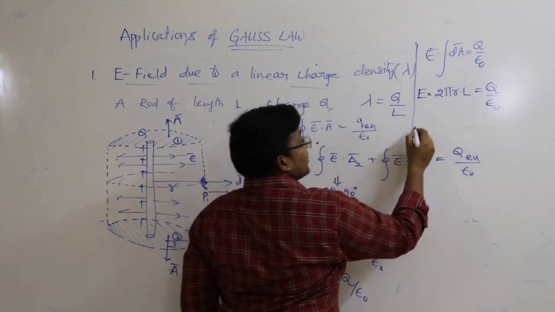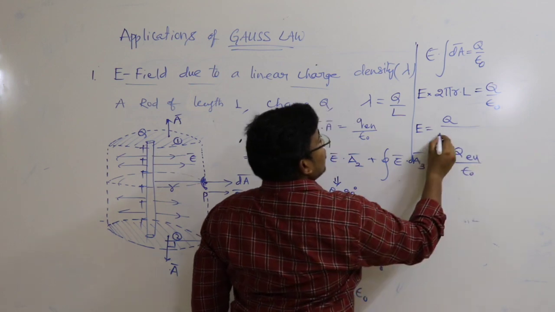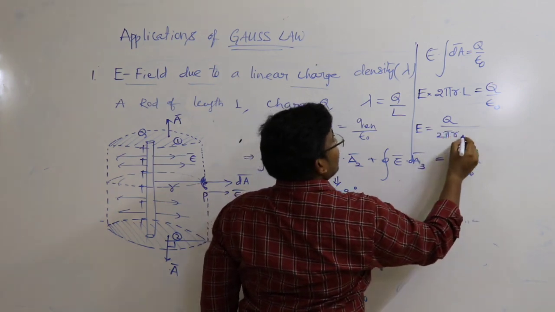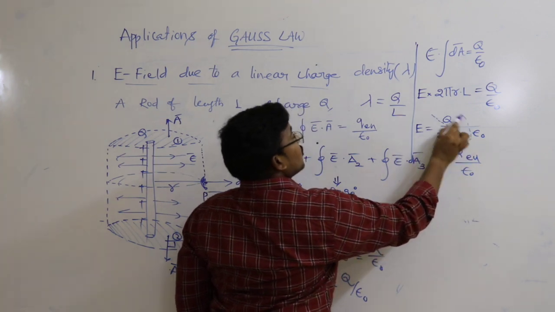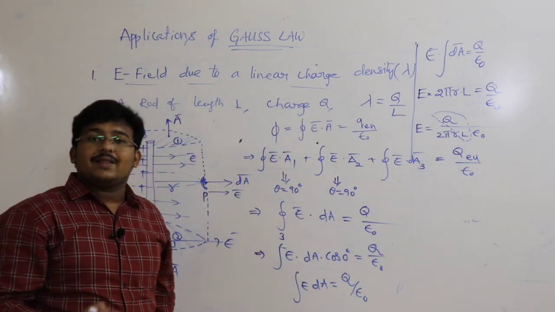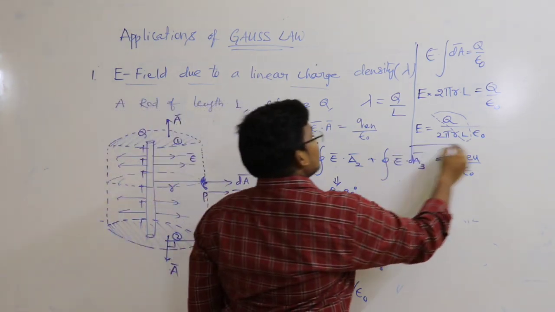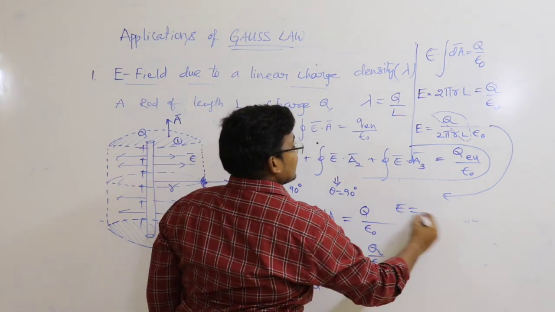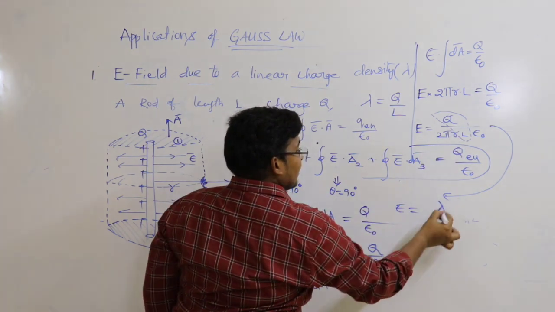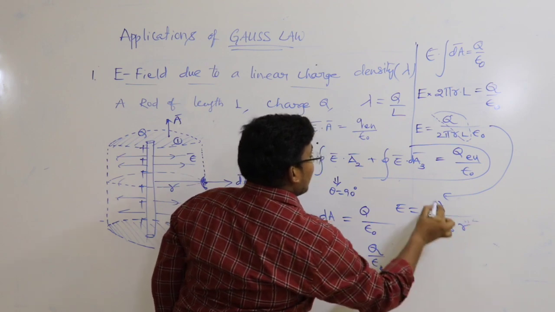Sending 2 pi r to that side, what E will we get? Q by 2 pi r L epsilon naught. Now you know that Q by L, charge upon length, is lambda, so we will write E is equal to lambda by 2 pi epsilon naught r.